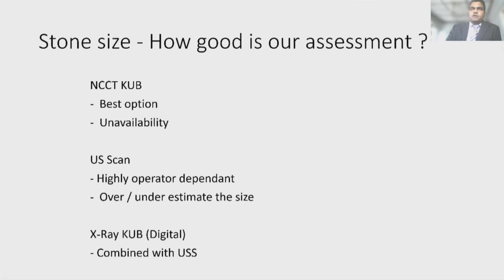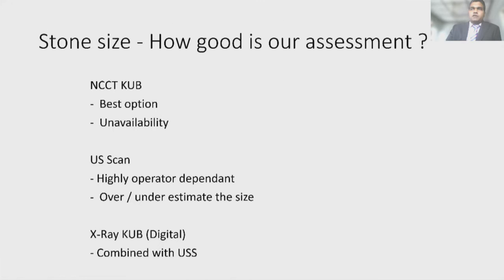But for the same patient, if the X-ray KUB shows a large left upper ureteric stone, giving a trial of medical expulsion therapy is a complete waste of time, and of course their renal function will deteriorate in the long term.